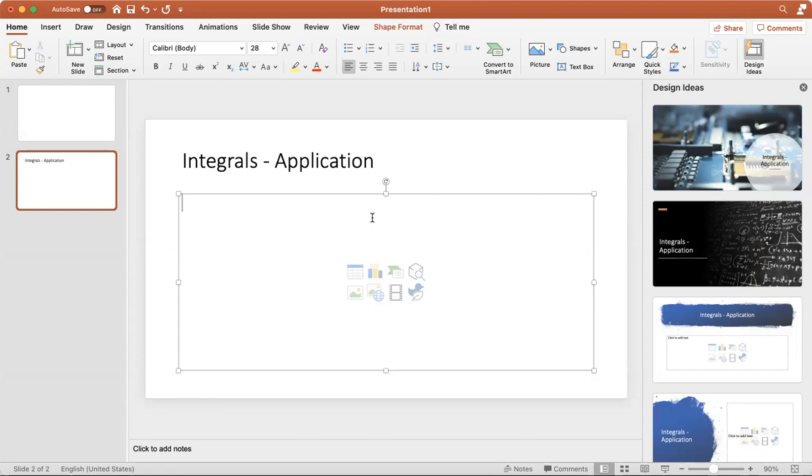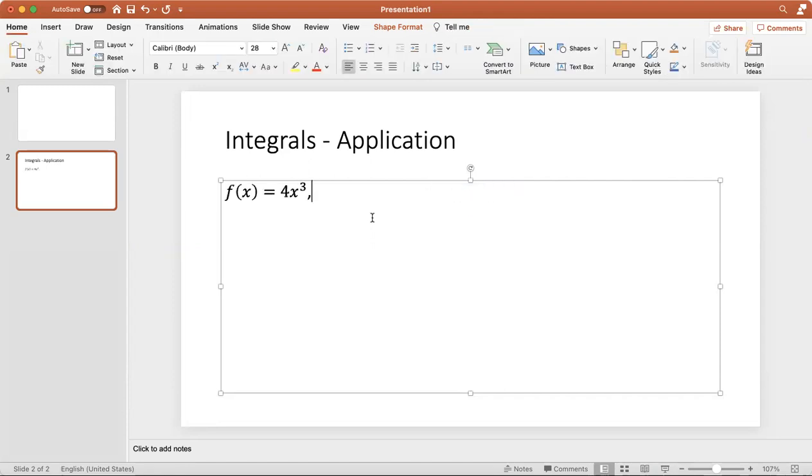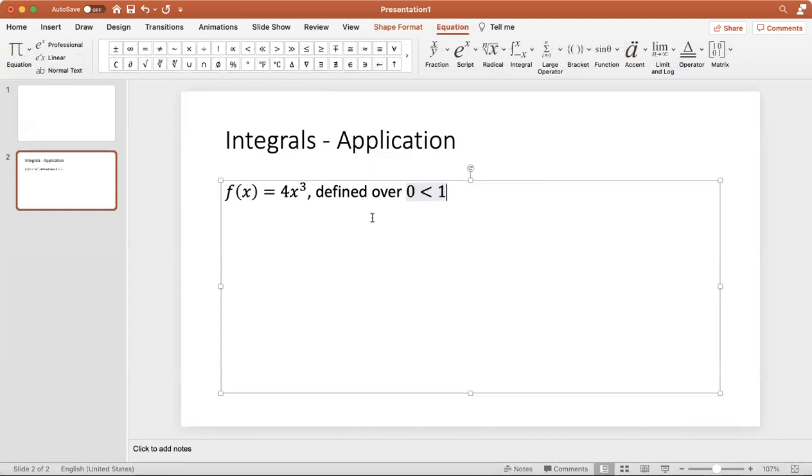So suppose you have your PDF given by f of x, a pretty simple example, f of x equals 4x cubed, and let this be defined over the range 0 ≤ x ≤ 1.